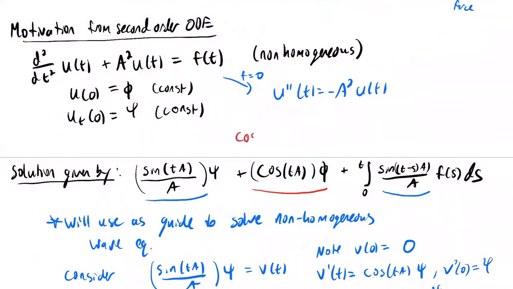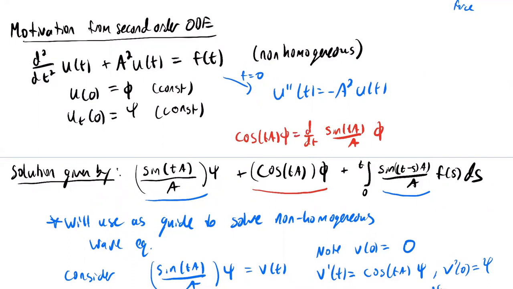Notice that this term, cosine of ta, which corresponds to the remaining piece we didn't understand yet for the wave equation, is just the derivative with respect to t of the other function. And so if I multiply phi by sine of ta over a, this is the same thing.